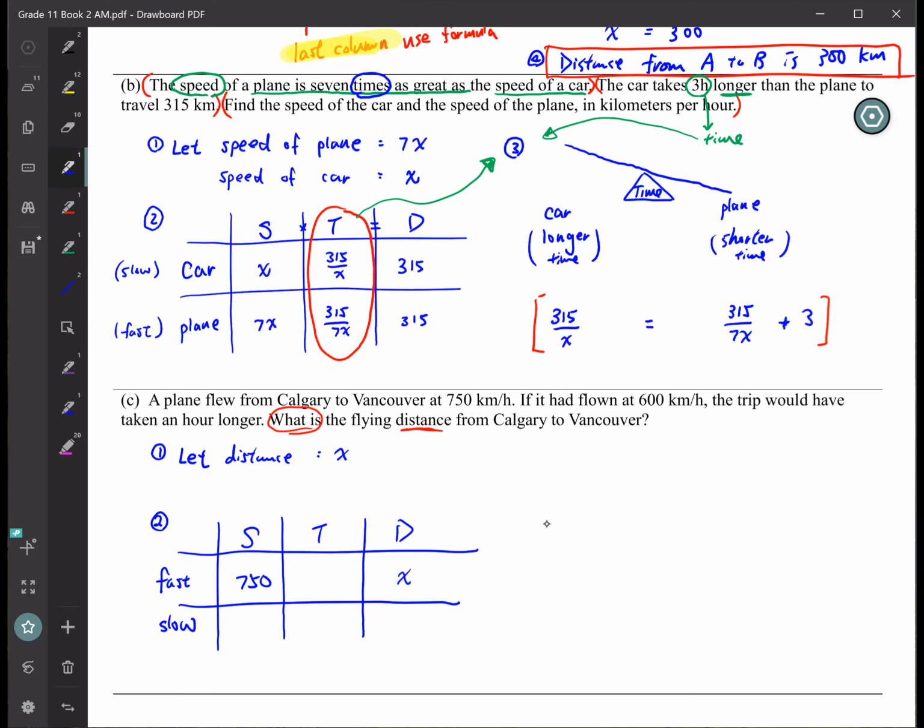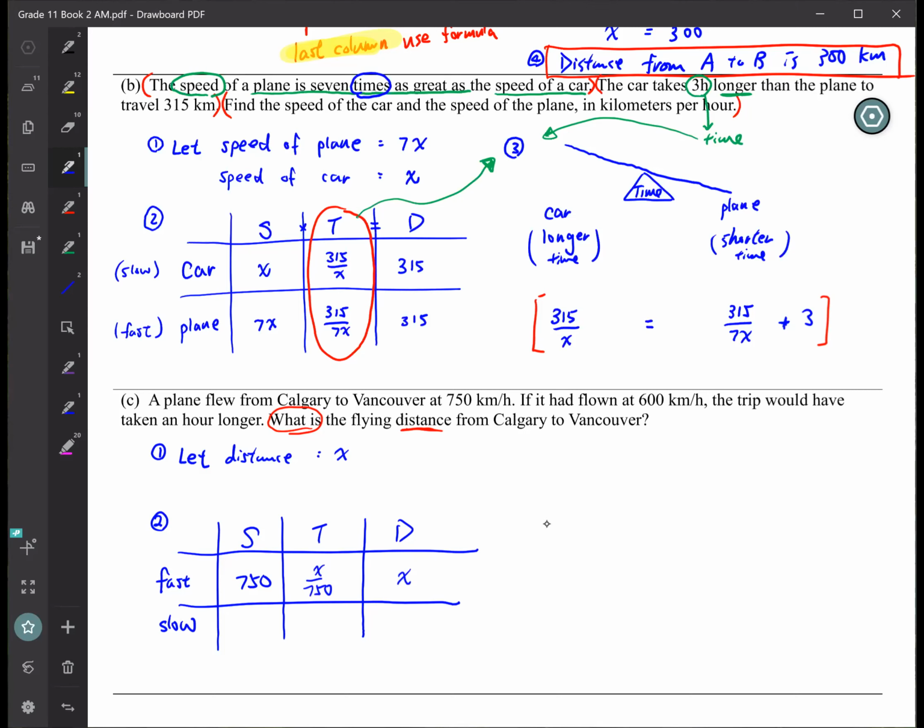Otherwise, it would say, how long does it take to fly from Calgary to Vancouver? So if distance is x, how do we get the time then, Nathan? Distance over speed. So what do I put inside the box? x over 750. Okay.